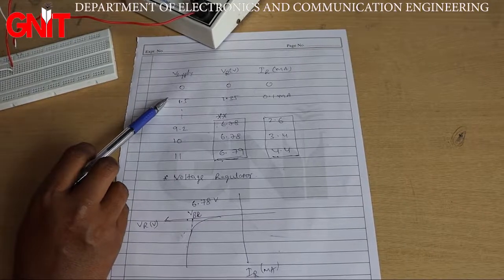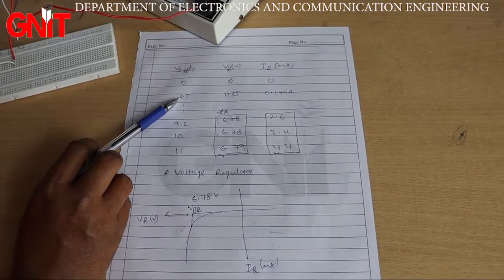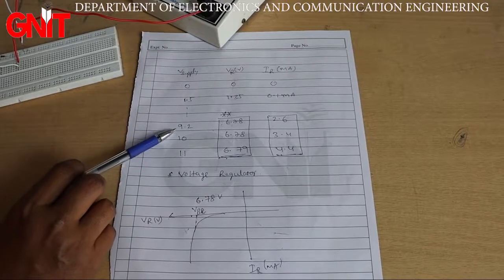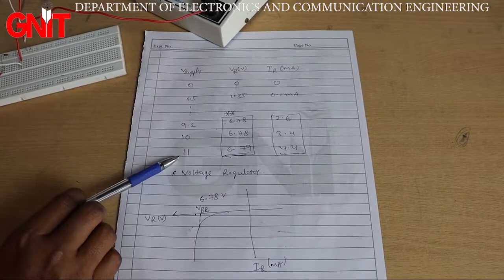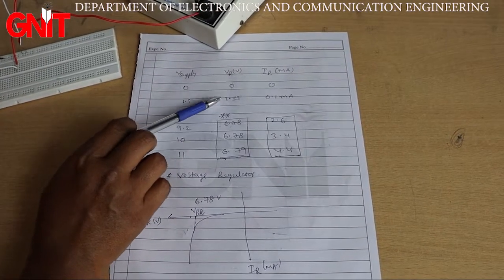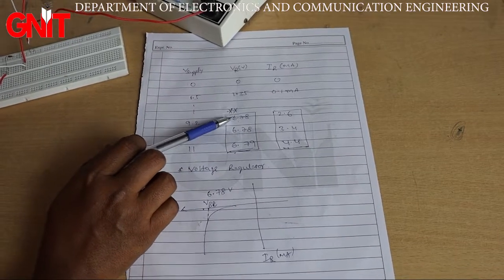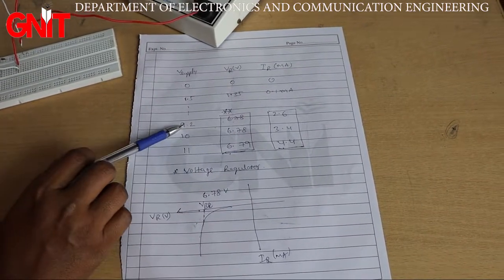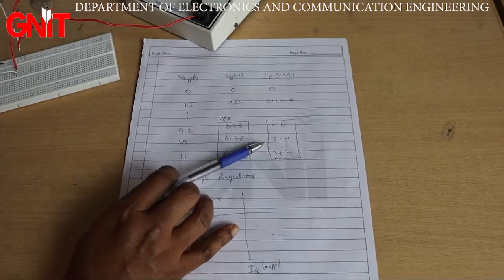We use these values to draw the graph. In the graph sheet we have to draw the forward bias characteristics and reverse bias characteristics. These are the readings of Zener diode characteristics under reverse bias. Even if you change large voltages of external supply, after 6.78 we are getting constant voltage. This is the current.